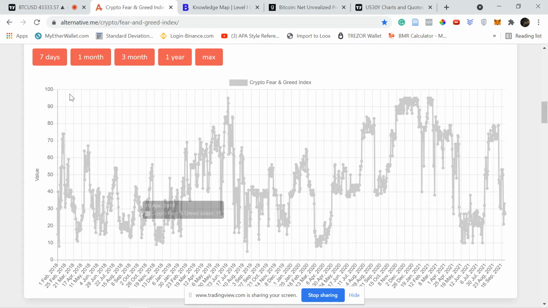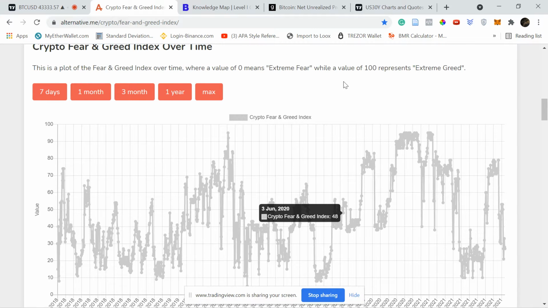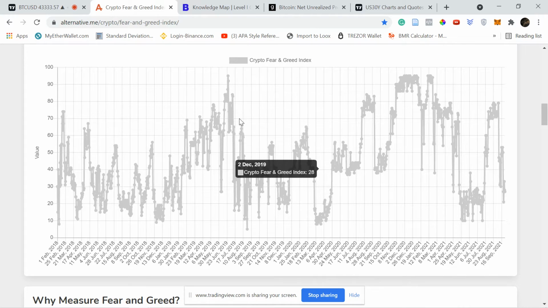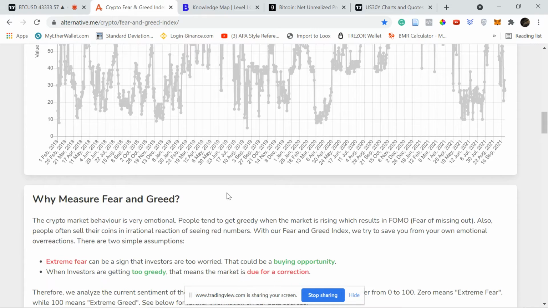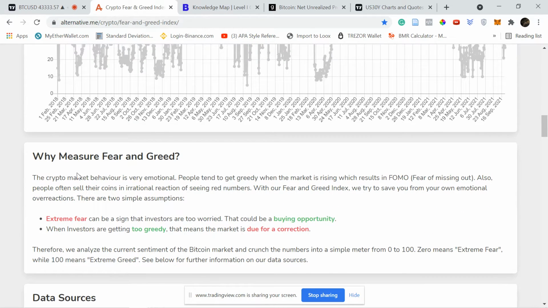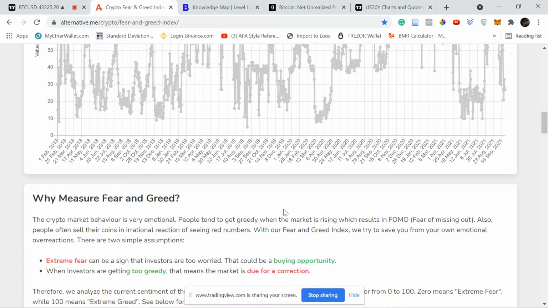So basically, on a scale from 0 to 100, each day they do an average of the market sentiment. There is fear or greed, extreme fear and extreme greed.